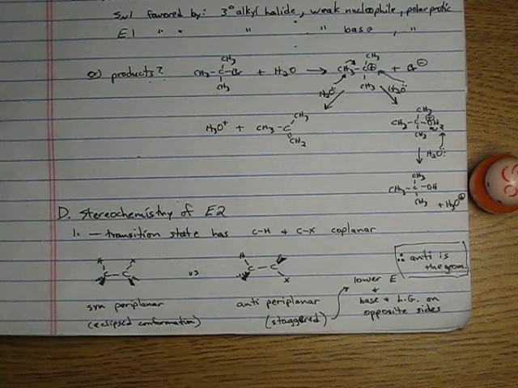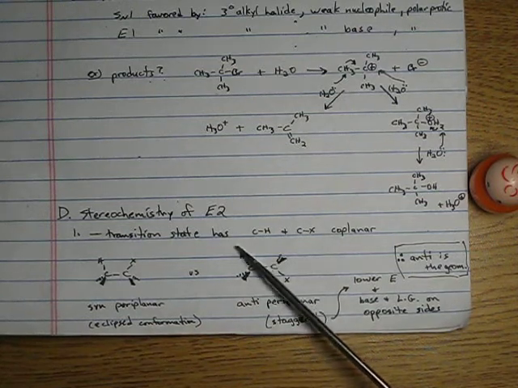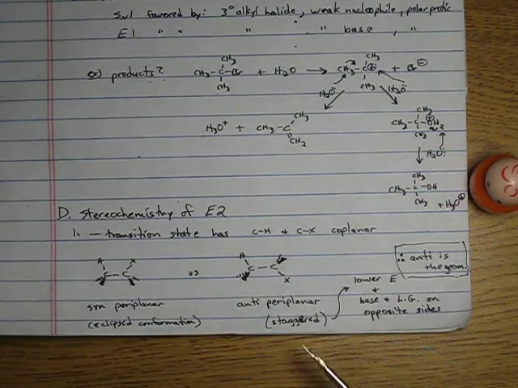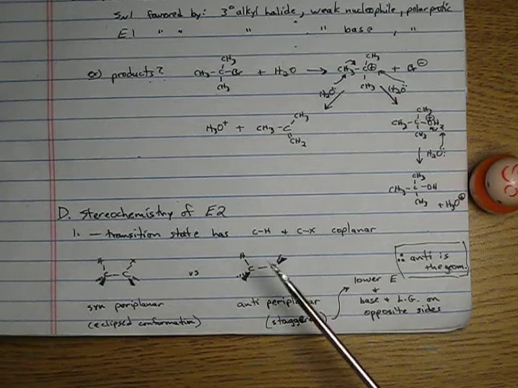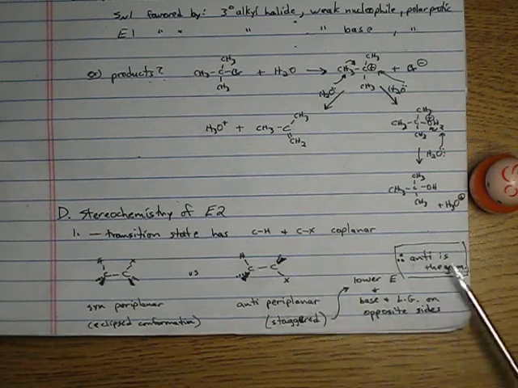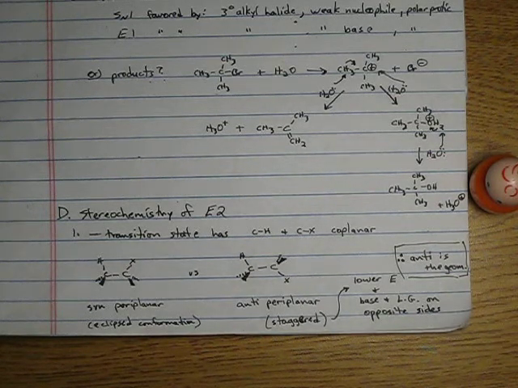They're eclipsed with each other. If they're in the anti position, we call that antiperiplanar, and that is going to give us our lowest energy conformation. There's going to be less steric hindrance. And so in order to get an E2 elimination, the leaving group and the hydrogen must be in the antiperiplanar orientation.